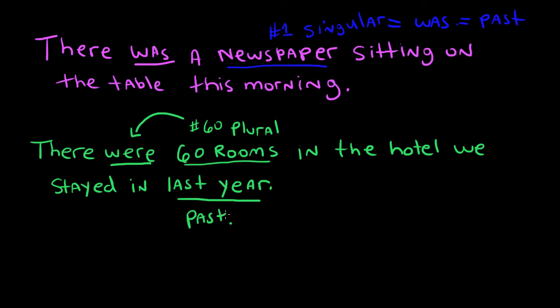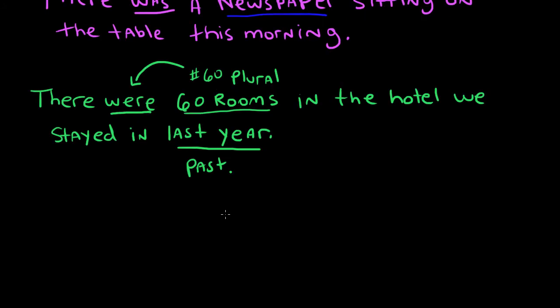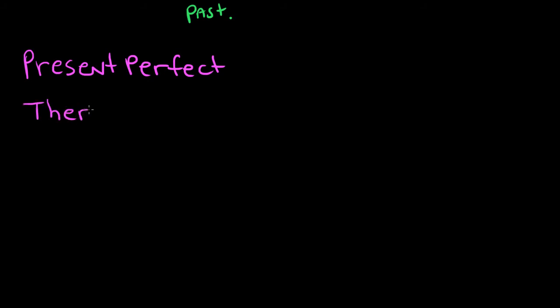So if we wanted to use there in the present perfect to also talk about the past, how would we use it? Let's look at an example. For example, you can say, there has been an accident.